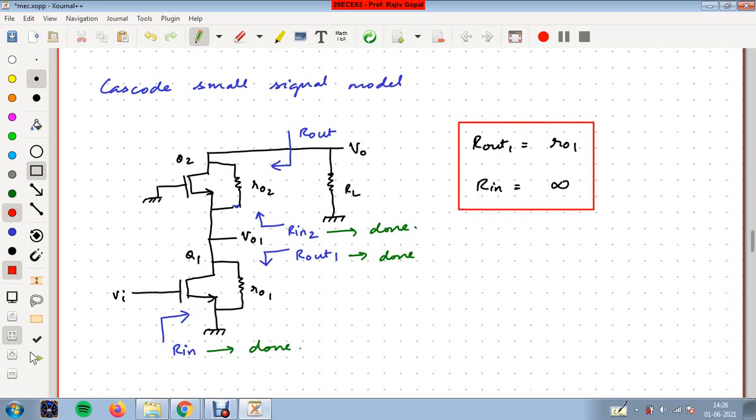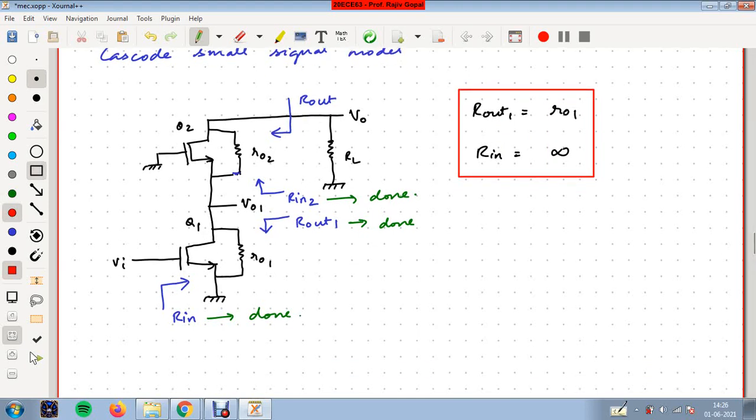So how to find Rout? Rout here is actually the output impedance of Q2.